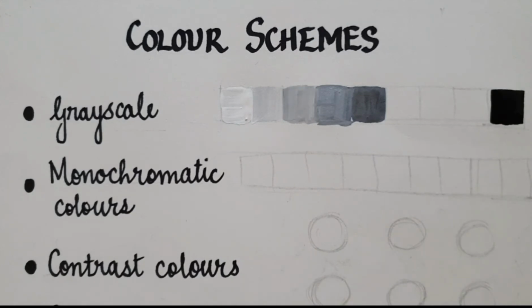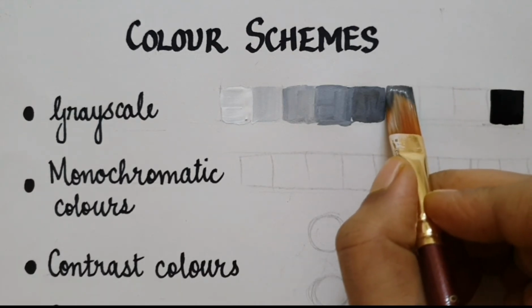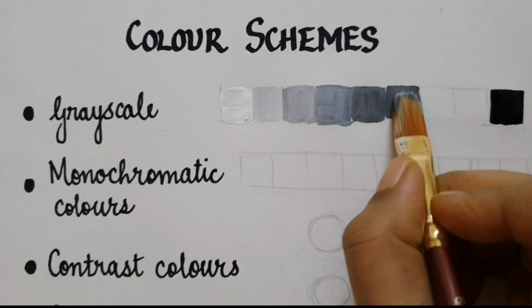We are going to repeat the process on the right hand side by adding more black and less white. So here comes a shade darker than the gray.